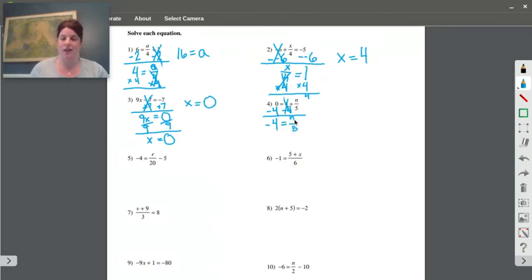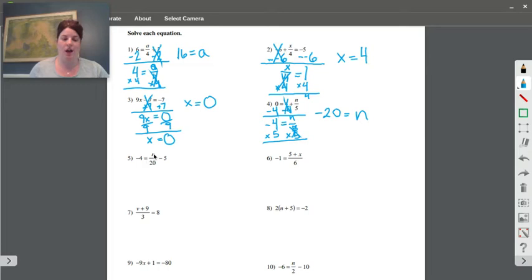So n divided by 5, to get rid of that, we multiply by 5 on both sides. And we end up with -4 times 5, which is -20, and n divided by 5 times 5 is n. So -20 equals n.